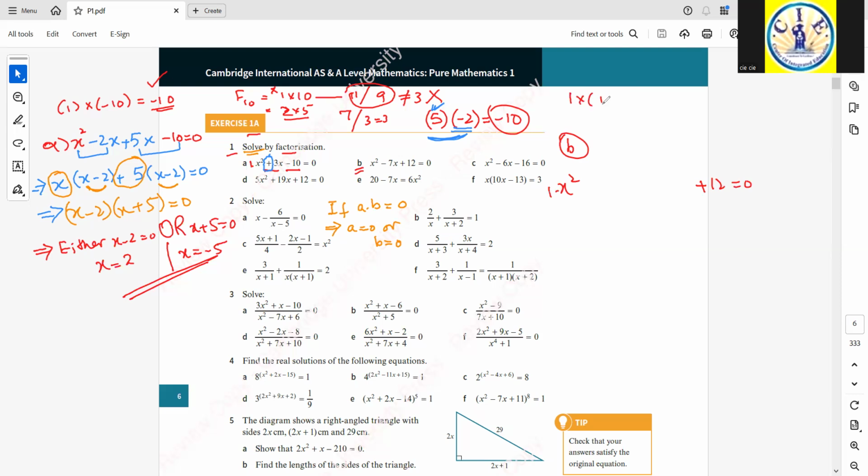So 1 times positive 12 in this case, which is positive 12. Now I need to find out the factors of 12. Factors of 12 are 1 times 12, 2 times 6, 3 times 4. Okay. I need to have the middle term to be negative 7.